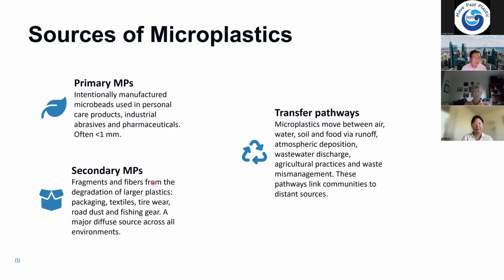These are the waste of plastics, including packaging materials, sometimes textiles, and also tire wear. Some of the plastics degrade and are deposited in road dust, and then they are resuspended from the dust into the air.